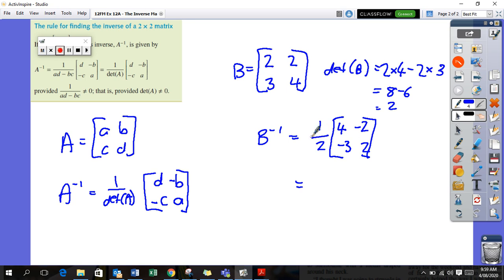We do this scalar multiplication, so we multiply everything in the matrix by a half. So 4 divided by 2 is 2, negative 2 divided by 2 is negative 1, negative 3 divided by 2 is negative 1.5, and 2 divided by 2 is just positive 1.